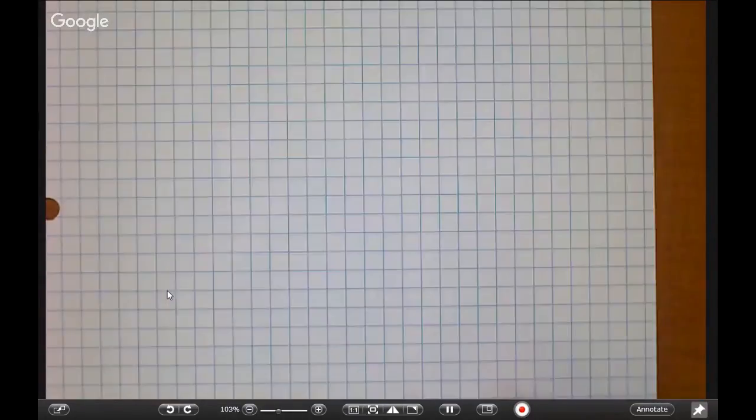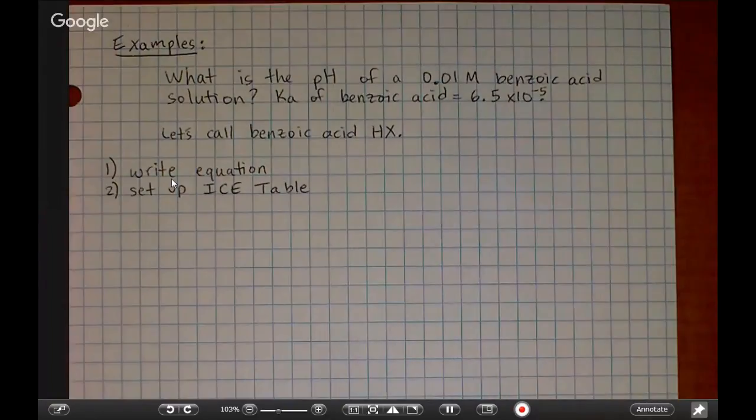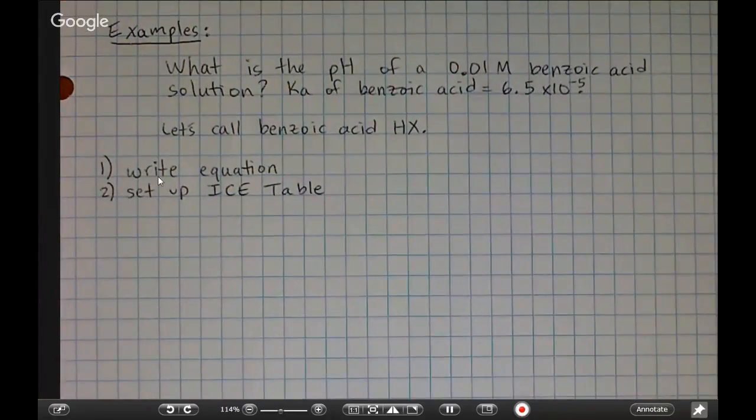Okay. In this example, it says, what is the pH of a 0.01 molar benzoic acid solution? And the Ka of benzoic acid is 6.5 times 10 to the minus 5.